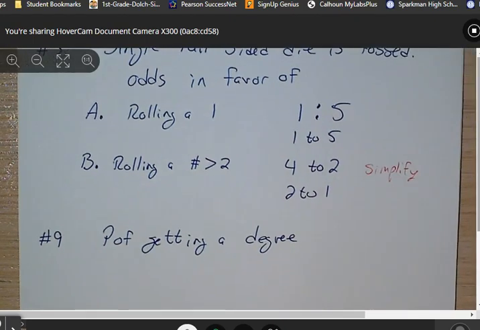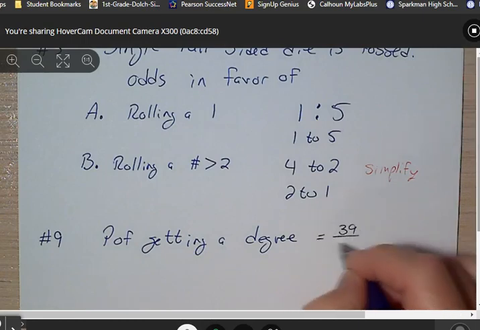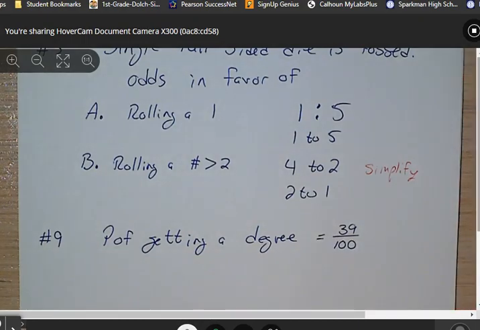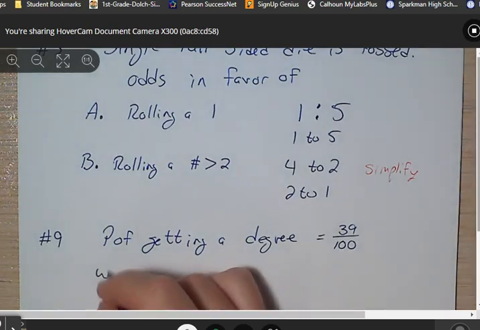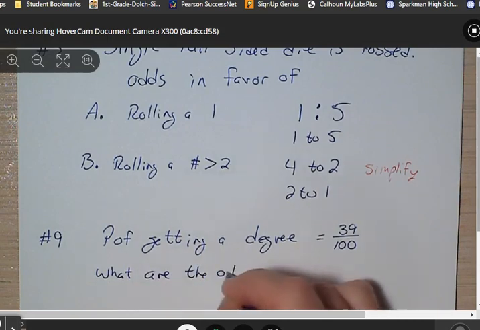They'll give you some word problem on this one, but it doesn't really matter what it is. But let's say the probability of getting a degree is 39 out of 100. Maybe it's been 100 graduates, 39 of them had a degree in this. What's the probability of getting a degree in this specific field or whatever it's going to be? They may flip right around and ask you, all right, what are the odds of getting that same degree?